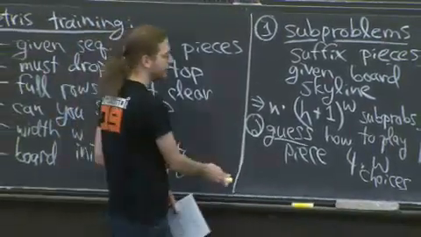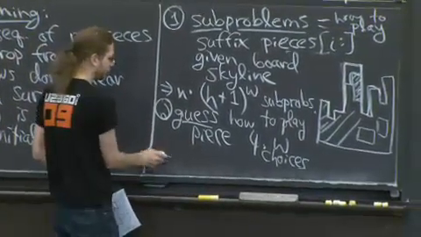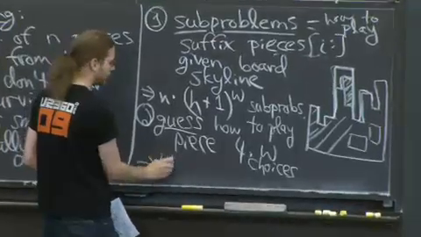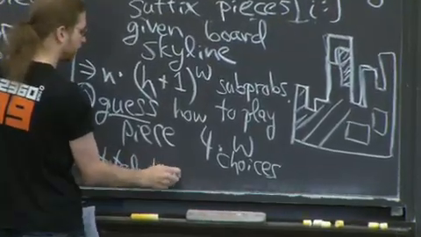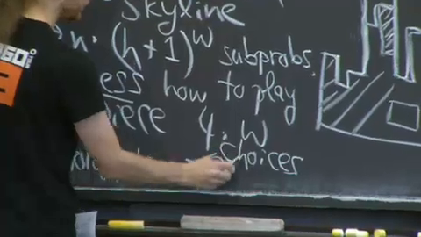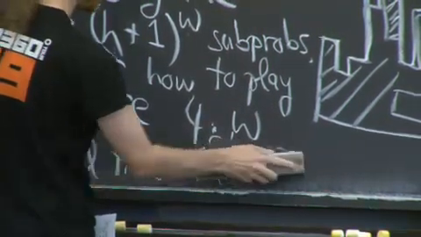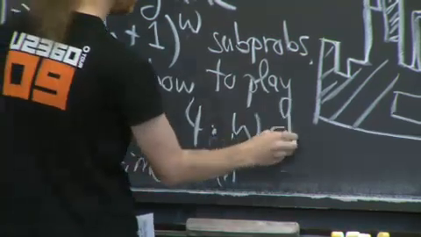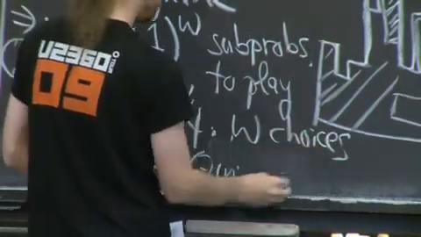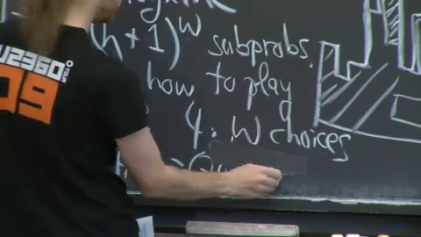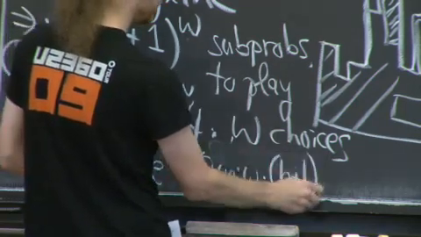And so the running time is just going to be the product of these. Let's see. n times w times (h plus 1) to the w.